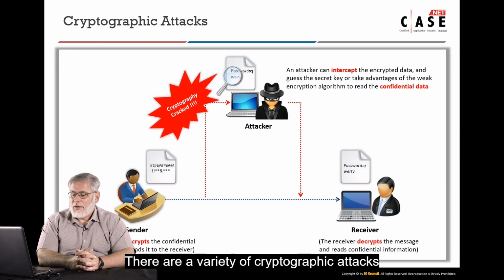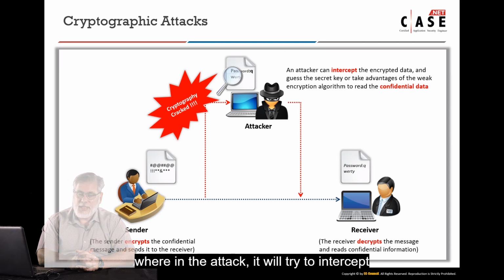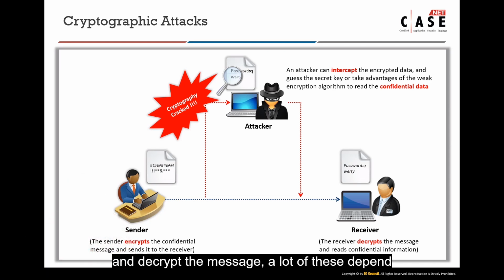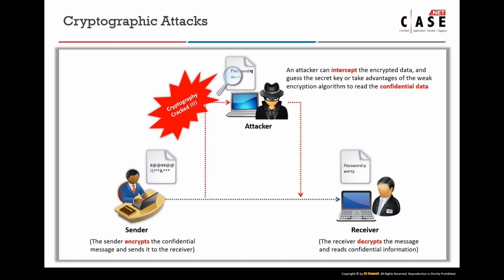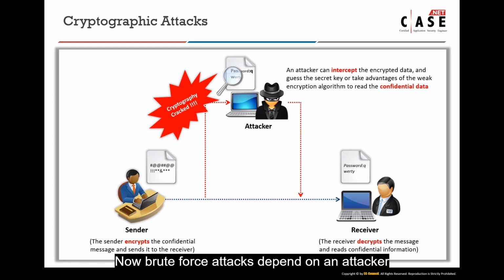There are a variety of cryptographic attacks wherein the attacker will try to intercept and decrypt the message. A lot of these depend on how effectively the encryption was implemented. Now, brute force attacks depend on an attacker trying every possible key to see what works. In modern algorithms, that's almost never effective.